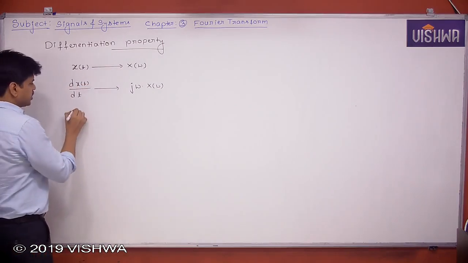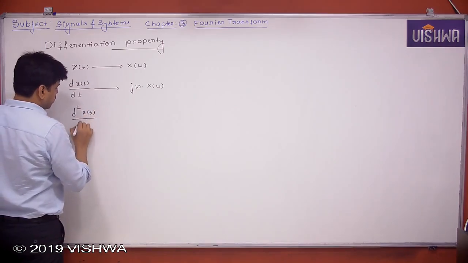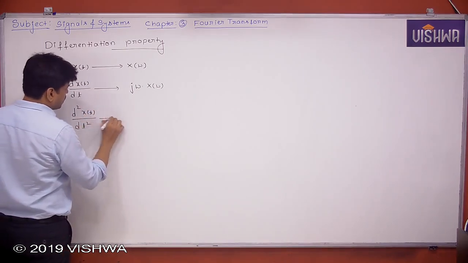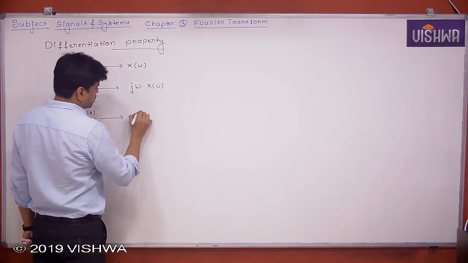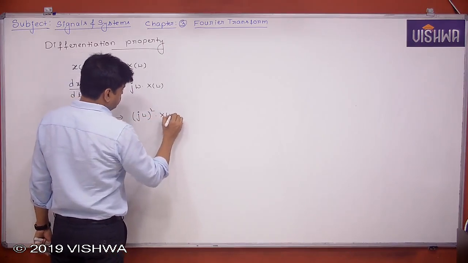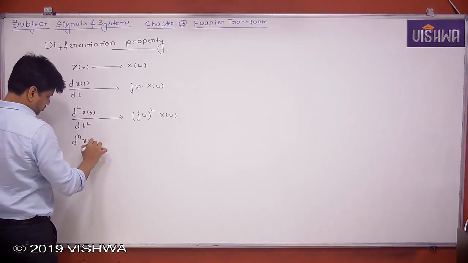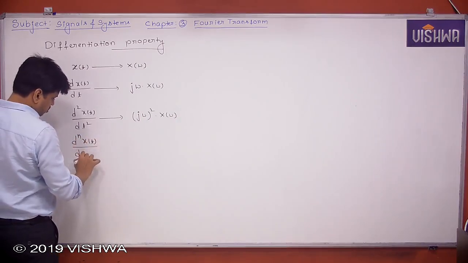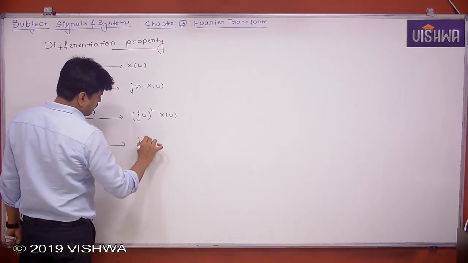Suppose I differentiate two times, d square x of t by dt square, then we have to multiply by j omega two times. If I differentiate n times, then we have to multiply j omega n times.